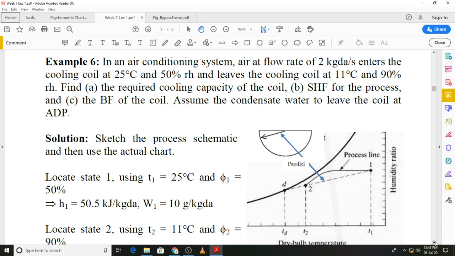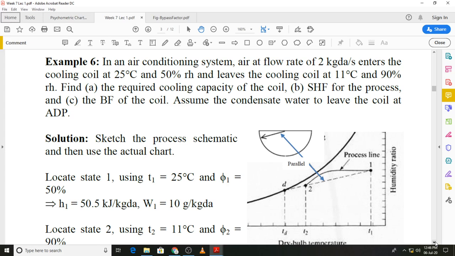We are given the condition of air which enters a cooling coil at a certain flow rate, and also the condition of the air when it leaves the cooling coil, and we are asked to find out the capacity of the coil, the sensible heat factor, and the bypass factor, and we assume the condensate water to leave the coil at the apparatus dew point.